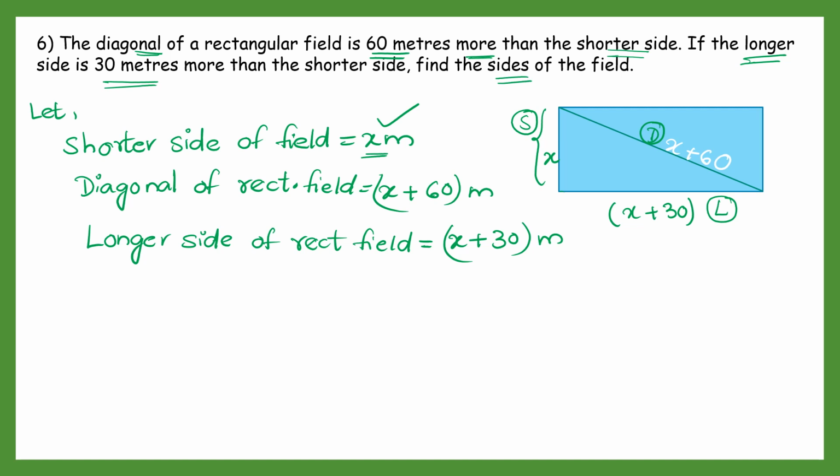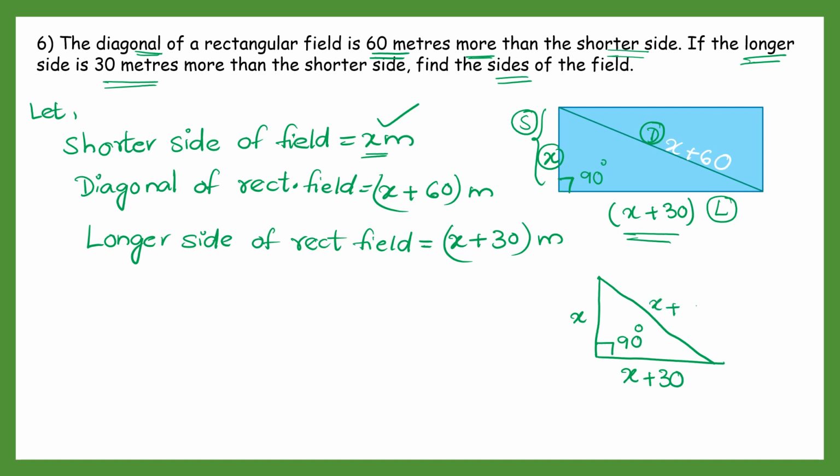See, if you observe this figure, it is a rectangle, so this angle here will be 90 degrees. That means if we consider half of the rectangle, it will be a right angle triangle because one angle is 90 degrees. This is the shorter side x, and the longer side will become the base of the right angle triangle.